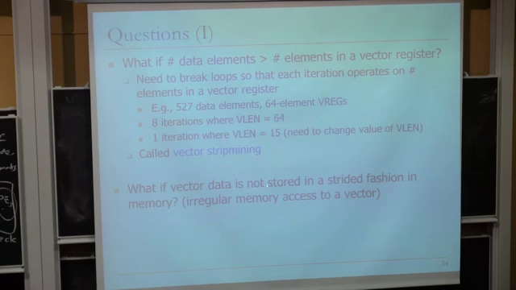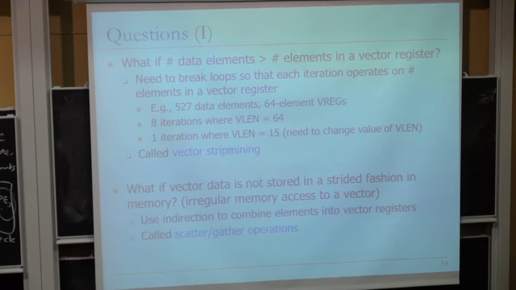What if your vector data is not stored in a strided fashion in memory? Let's try to make this a little bit more general purpose. What if your matrix was a sparse matrix, for example? You had a lot of zeros and you don't want to store the zeros. A lot of vector processors use indirection to combine elements into vector registers.